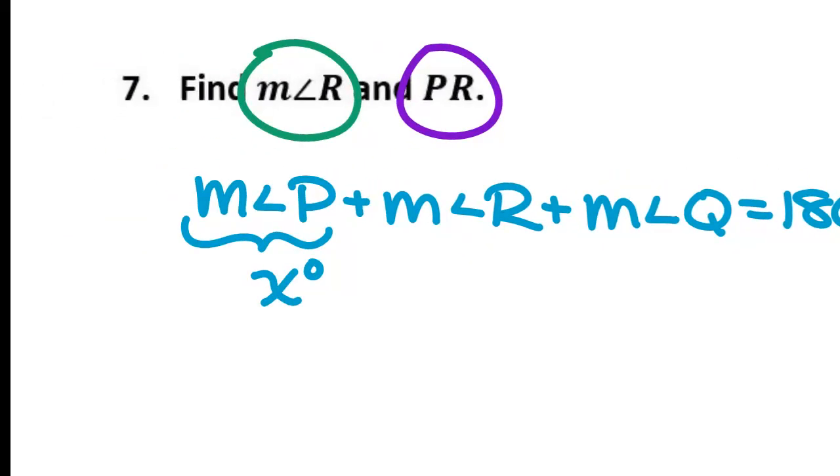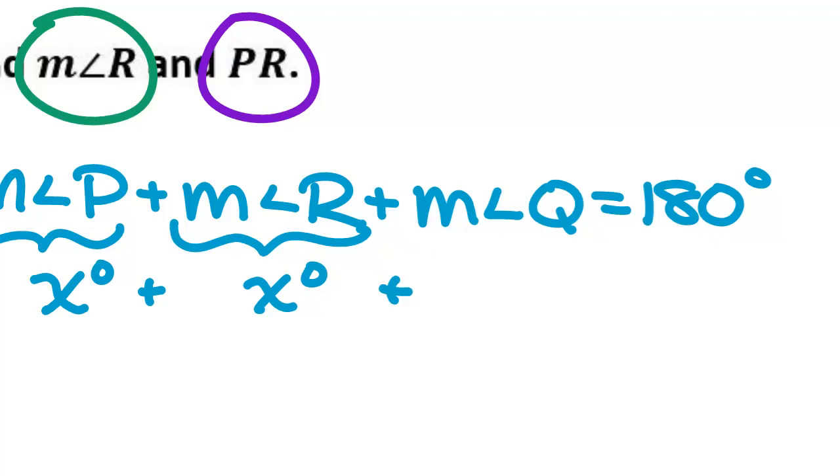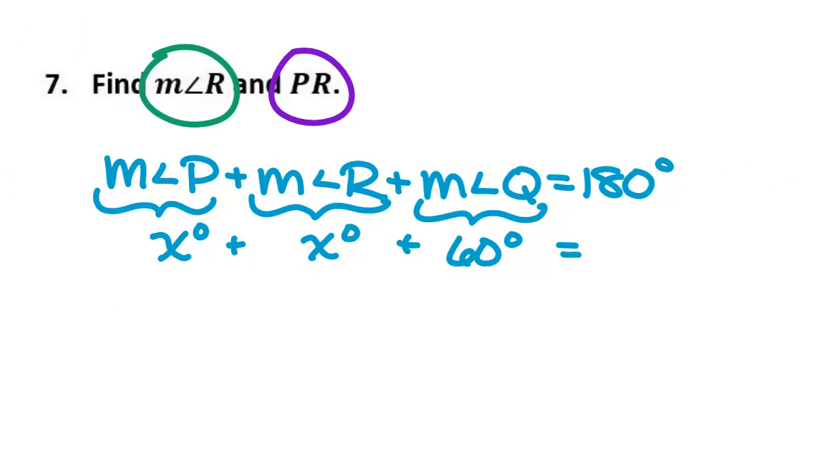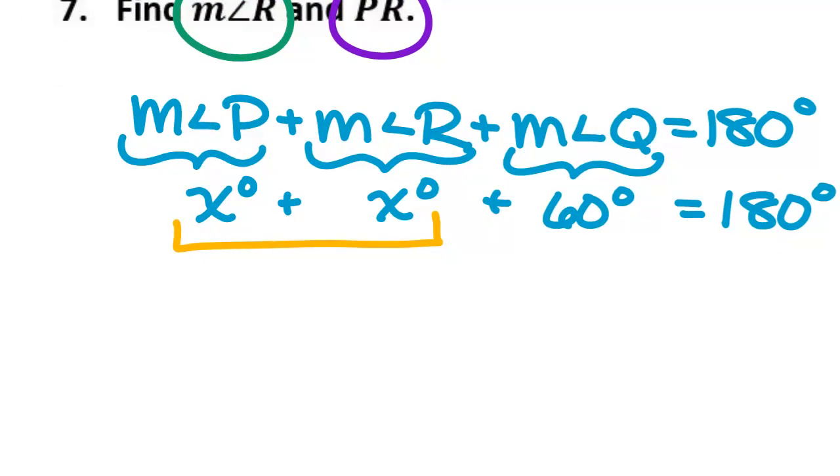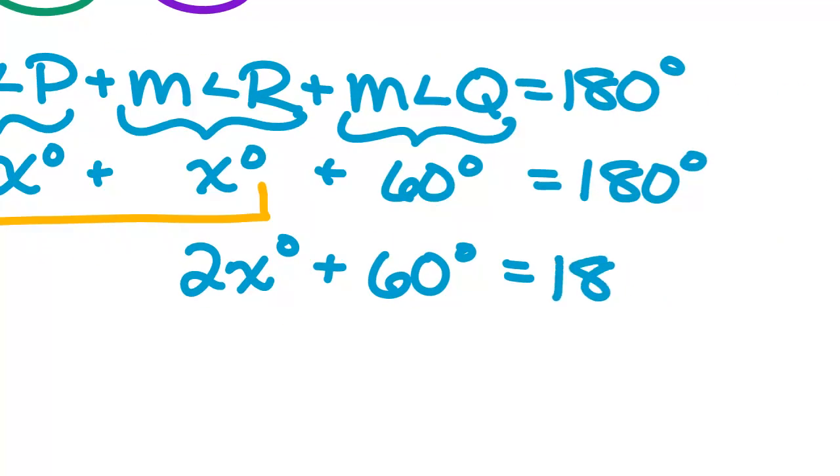We're going to let angle P be X. Angle R is the same size, so it is also X. Angle Q is 60 degrees. Add them all together and we get 180. So I have X plus X, that gives me 2X plus 60 degrees equals 180.